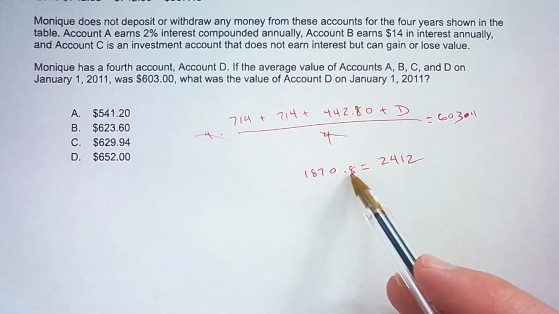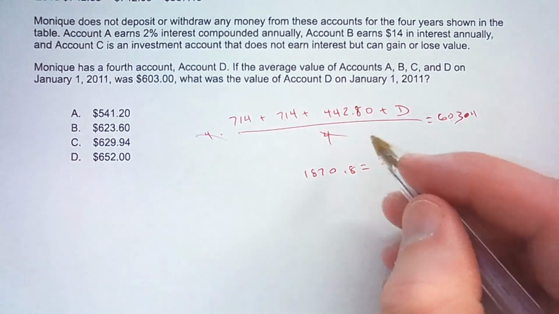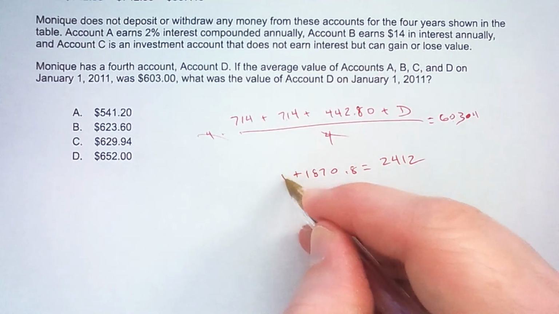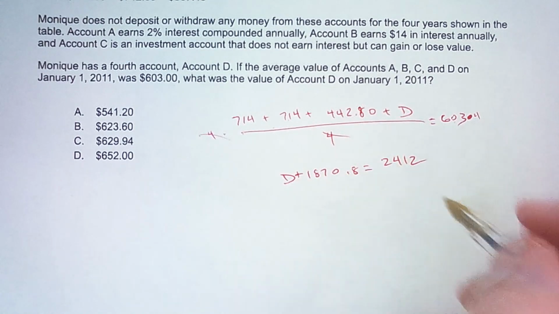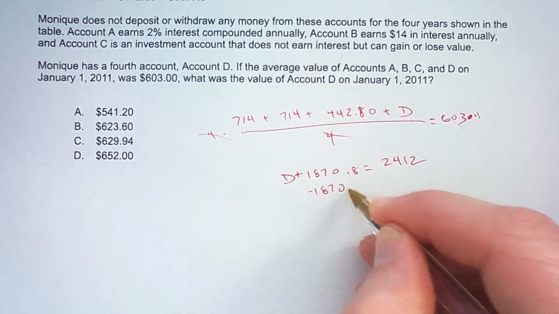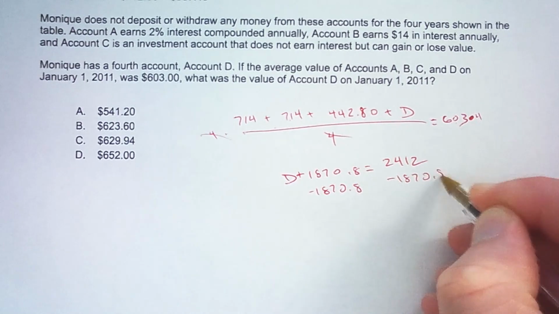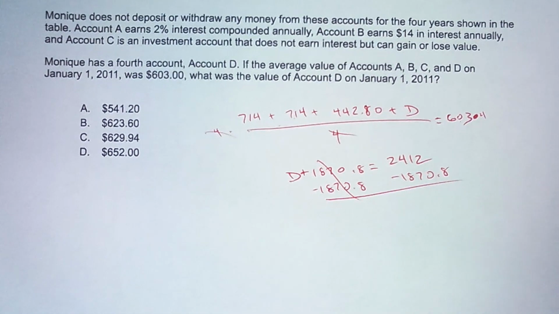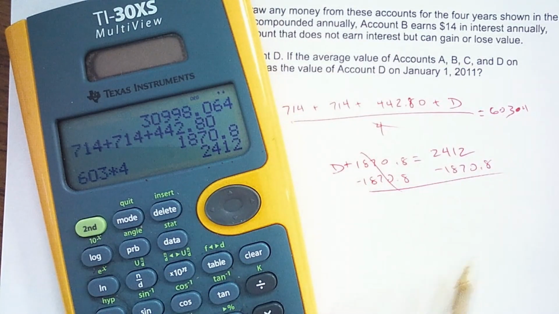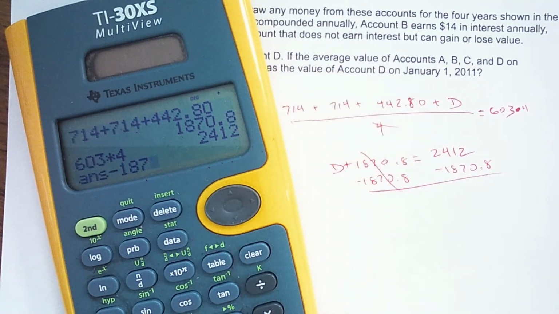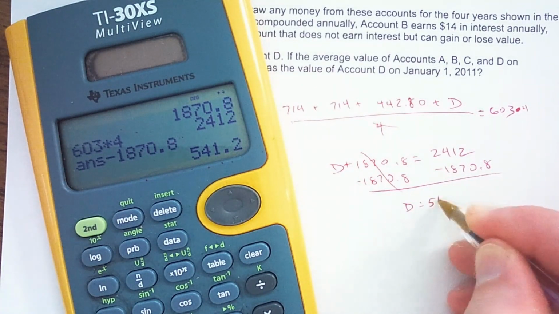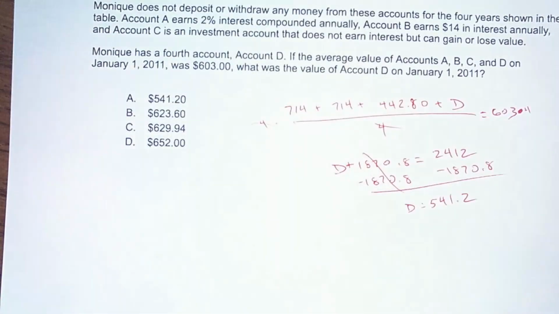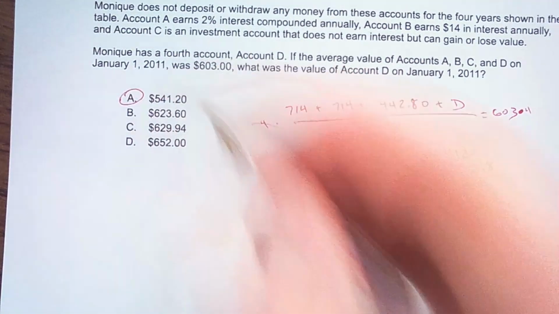So 1870.8 plus D equals 2412. So minus 1870.8, and I'll find what is in account D. 2412 minus 1870.8 is 541.2, so $541.20. Option A.